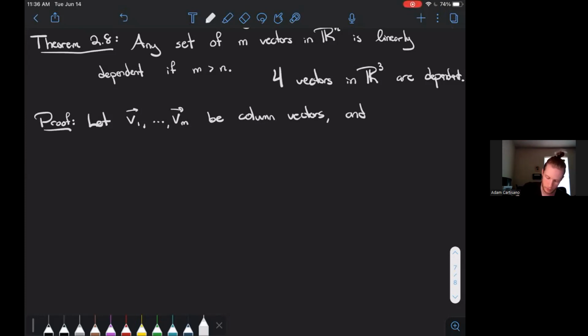And let A be this matrix, v1 all the way up to vm. So we're just doing the setup for theorem 2.6.